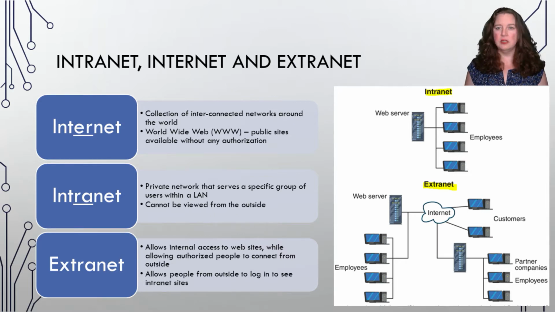So the intranet is internally inside your network. You cannot access it from the outside. To access it from the outside, you would use an extranet. So that's how these three concepts of different networking websites are going to work. Your internet, which is your World Wide Web, everything connected, everything public. Your intranet, inside of your LAN. And your extranet, the way to get from the outside into your LAN by authorizing.